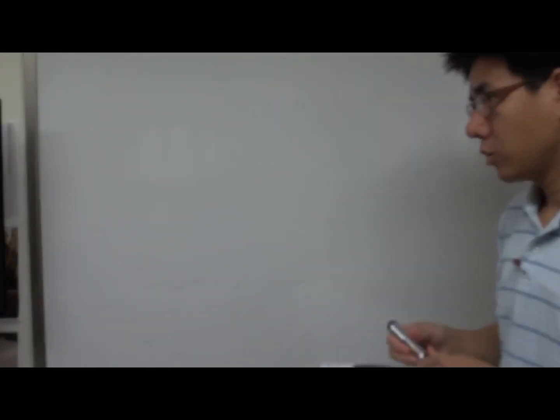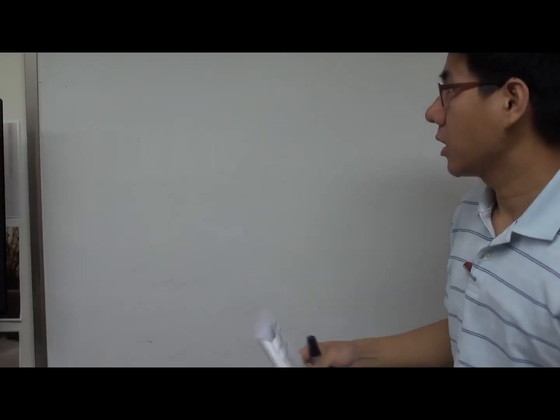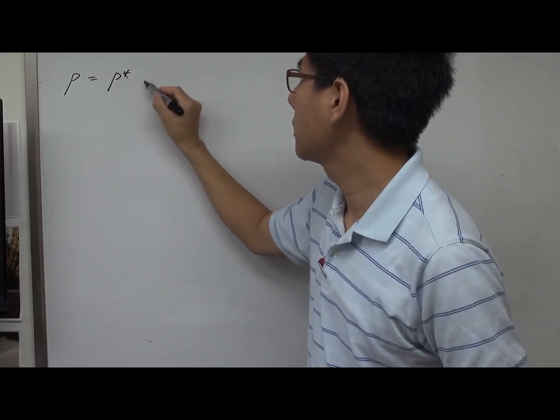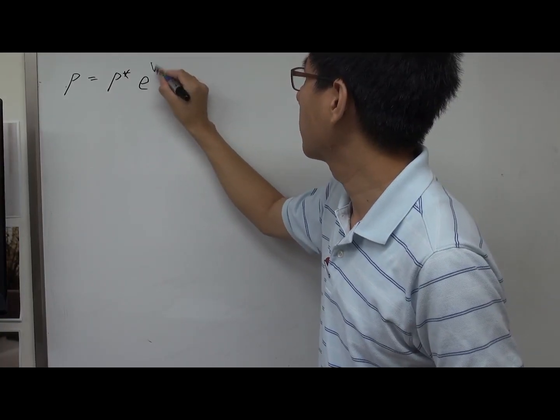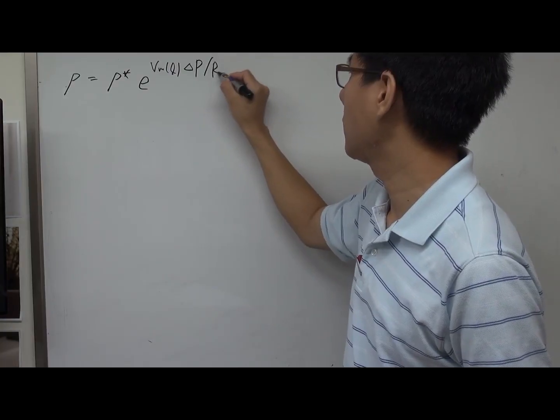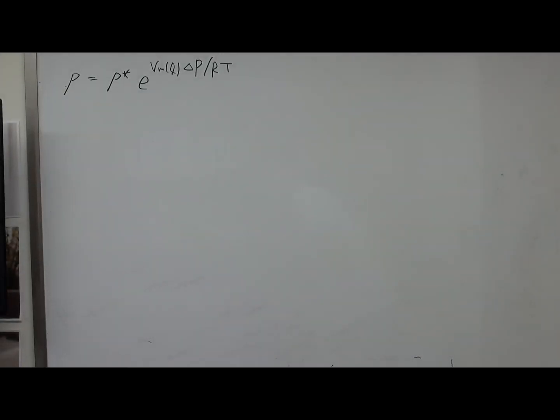So we want to show that P equals P star times exponential of Vm of L delta P over RT.